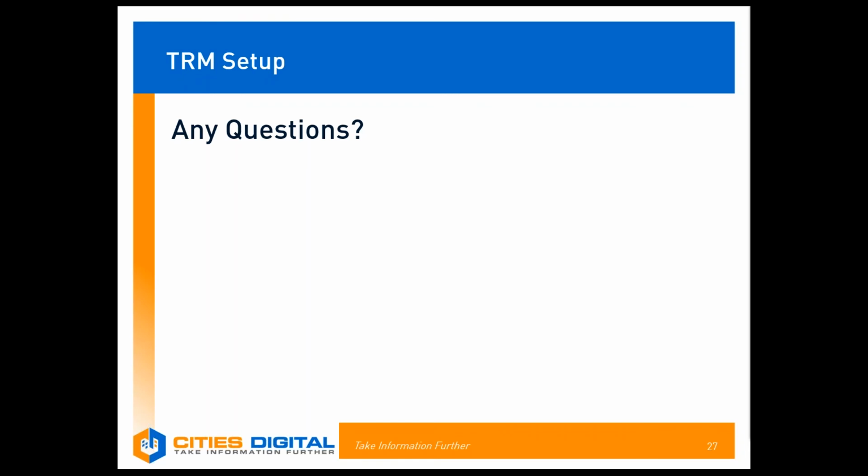So do you have to set it up to use the shortcuts with that? Okay, good question. So the question was, do we have to utilize shortcuts in order to set it up? You certainly don't have to use shortcuts. The biggest point of the shortcuts is to show what we call the transparent records management.